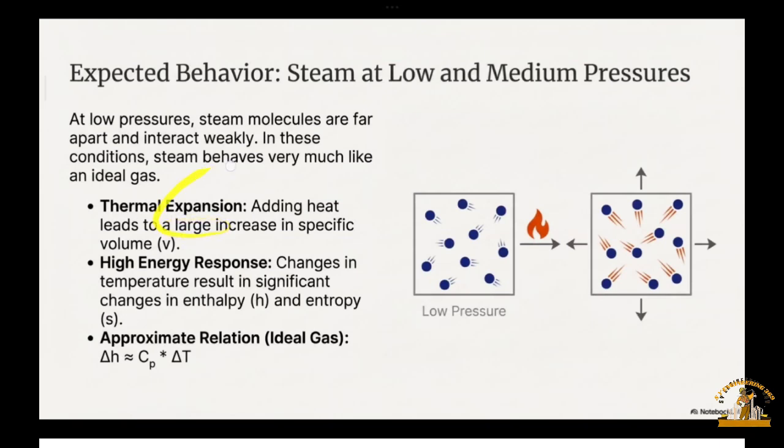Thermal expansion: adding heat leads to a large increase in specific volume, V. High energy response: changes in temperature result in significant changes in enthalpy and entropy, which we call S. Approximate relation for an ideal gas: delta H is kinda equal, not really, but kinda, Cp times delta T.